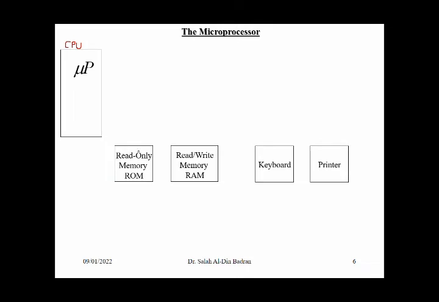This part is ROM, this part is RAM, the keyboard is an example of an input device, and this is a printer as an example of an output device. So these two are input-output devices.